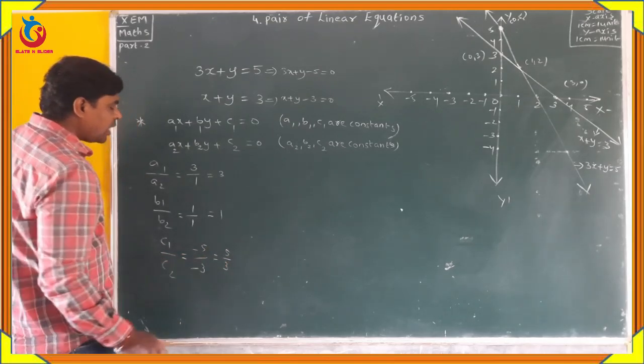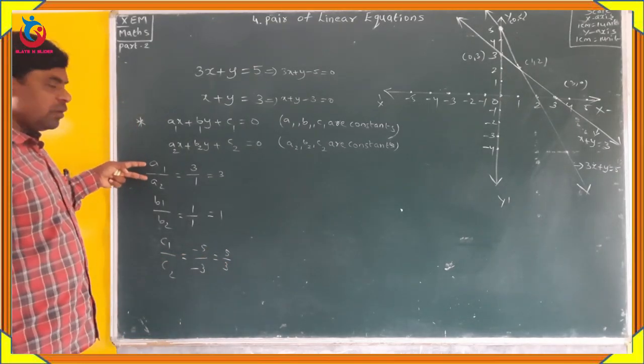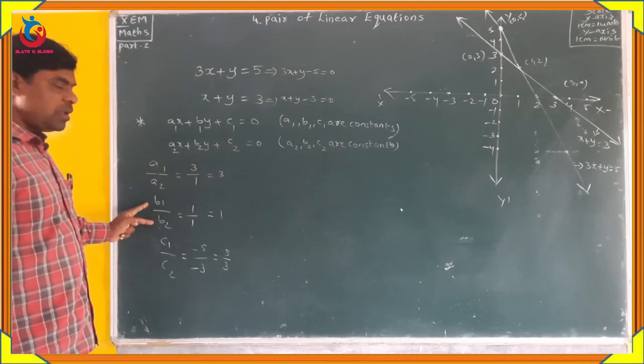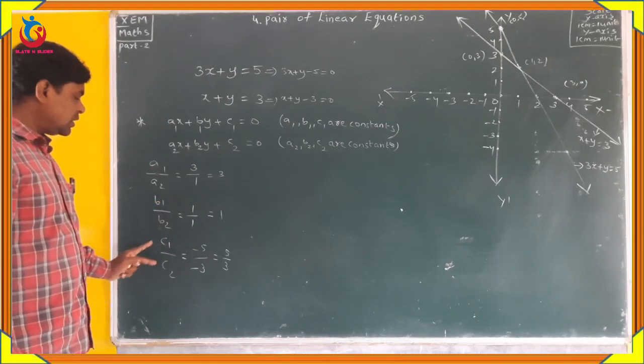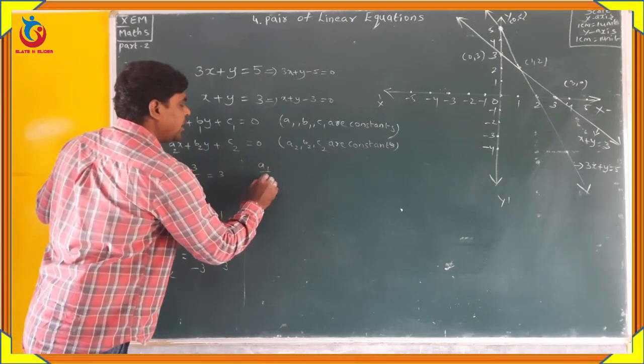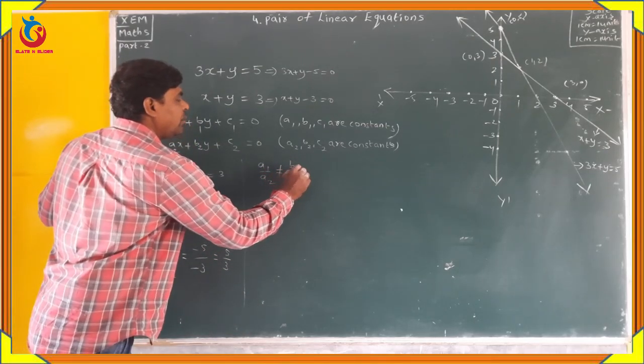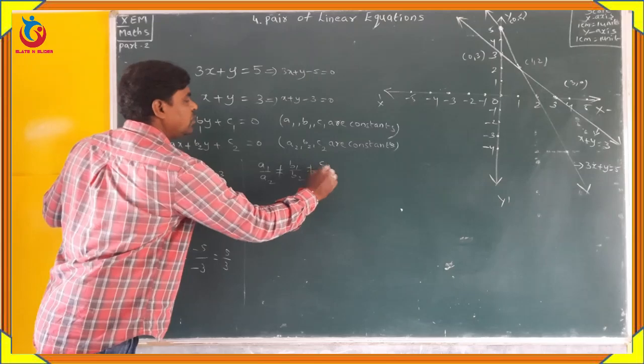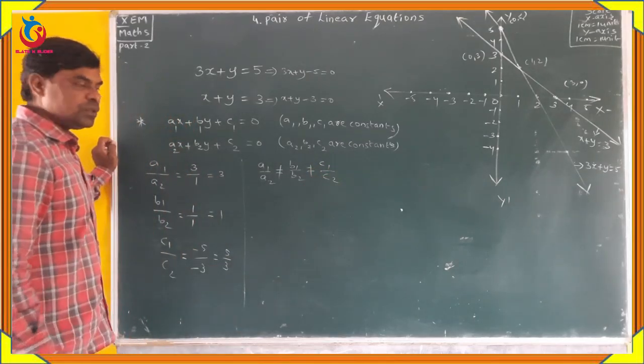Here what happened, a1 by a2 value is different, b1 by b2 value is different, c1 by c2 value is also different. So we can write a1 by a2 not equal to b1 by b2, that is not equal to c1 by c2.